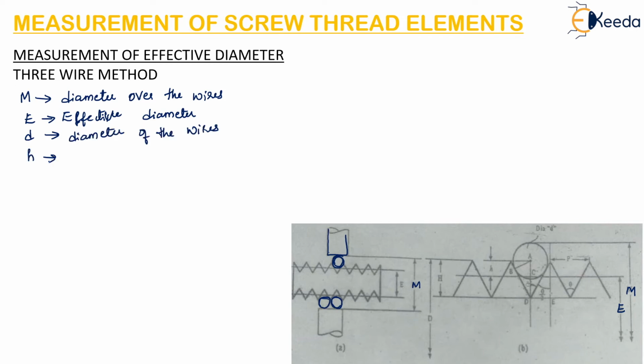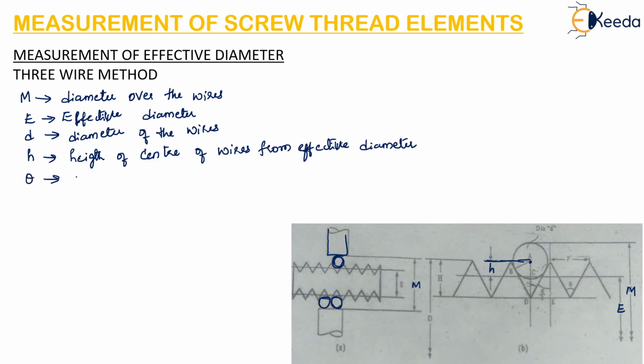Small h, which is here, is the height of the center of the wires or rods from the effective diameter. So if you are using a wire, its height from the effective diameter is given as small h.